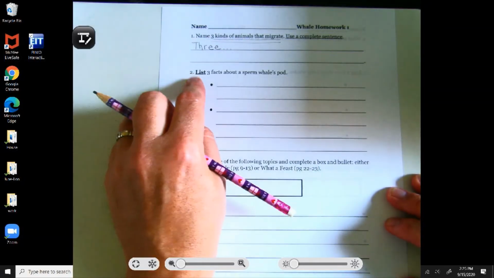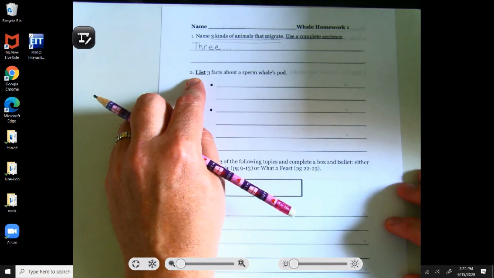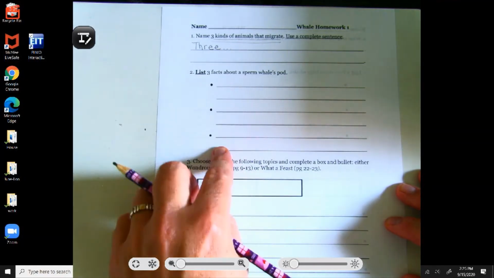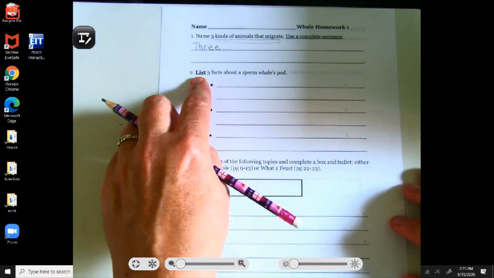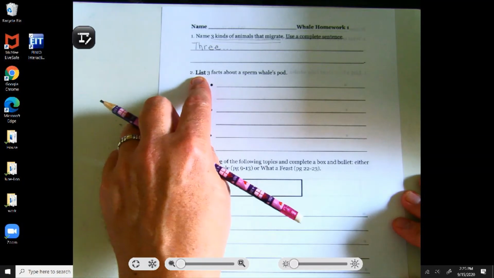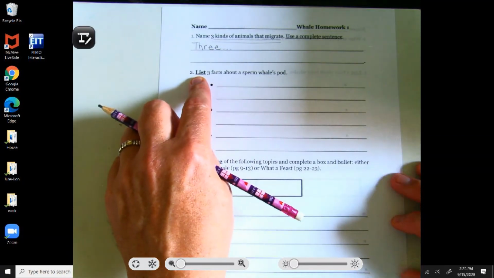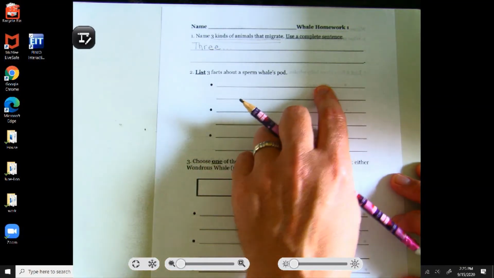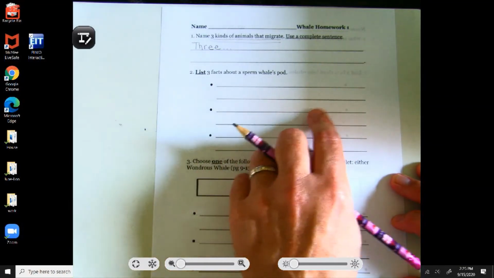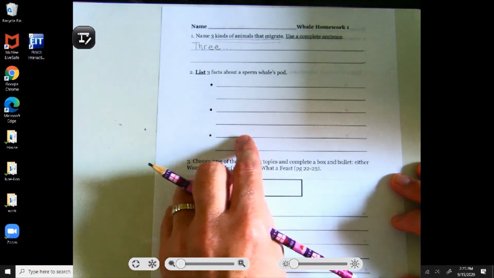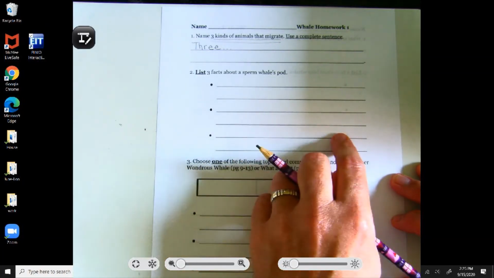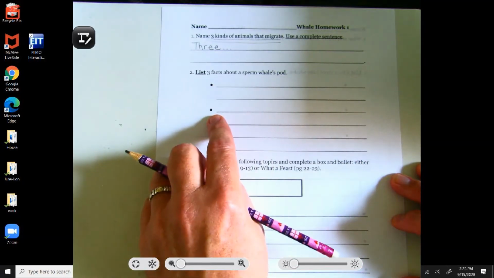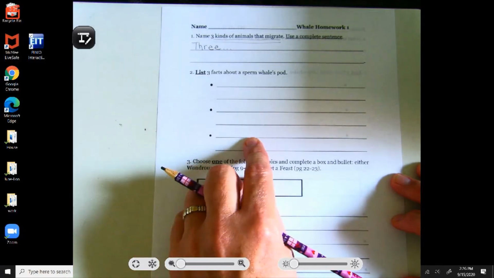Number 2, list 3 facts about a sperm whale's pod. So this one, I would say, scholars, you would not have to do complete sentences. When you make a list of something, it's often just the information. If you make a grocery list, you don't write a complete sentence like, I need to get milk. I should get cheese for the tacos. I should get some coffee beans. You just make a list. Milk, cheese, coffee beans.